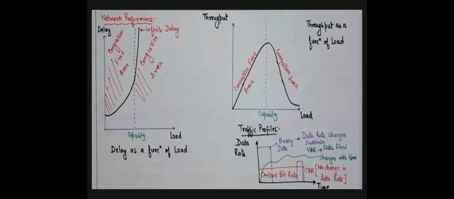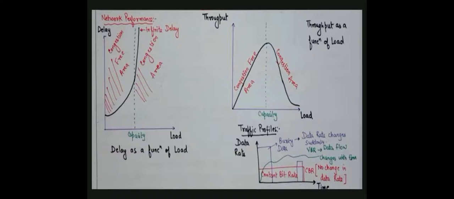This graph shows that the region below the capacity line is called the congestion free area. After the capacity line, this is the congestion area, which is called the congestion area.